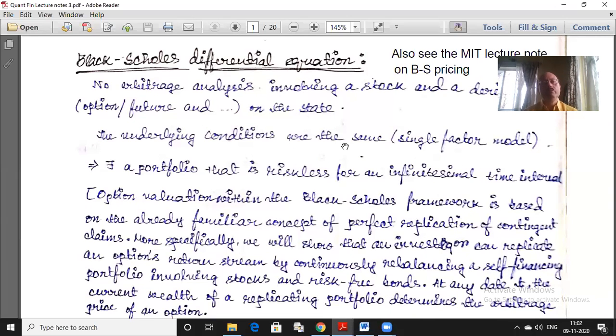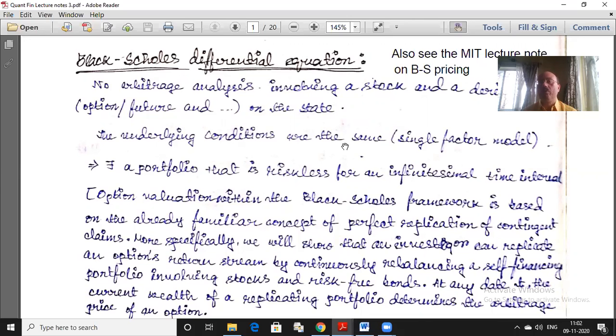And how are we going to use that no arbitrage analysis? The Black-Scholes model is developed using a stock and an option or any other derivative on that stock. Remember that even in the discrete time models, we looked at combinations of things and we did no arbitrage valuation.